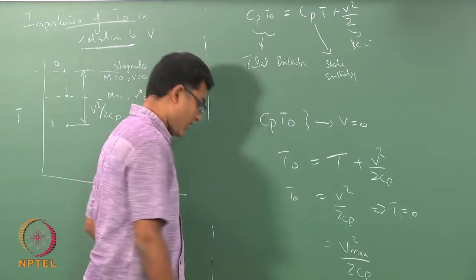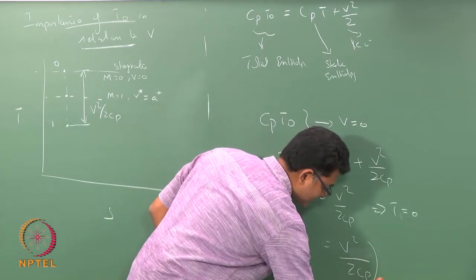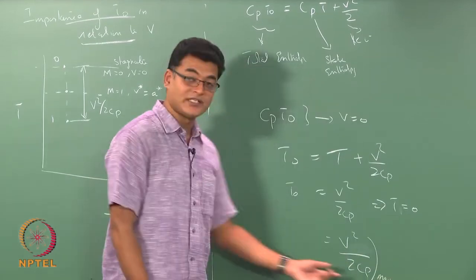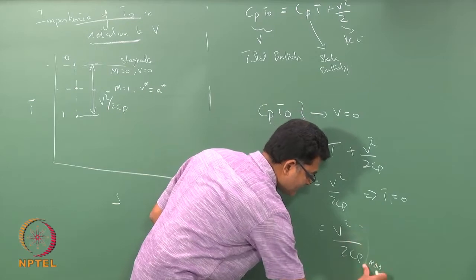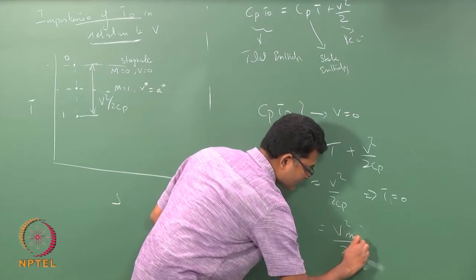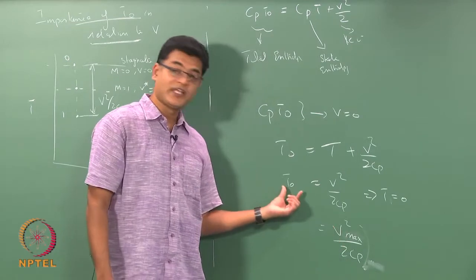Okay. Or I should be writing this as the maximum you can get, but assuming Cp to be constant during the process, I can replace this as V max. Okay. So, that is the maximum velocity you can get for a given T0.